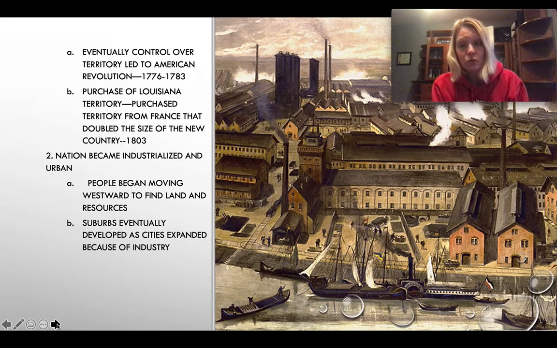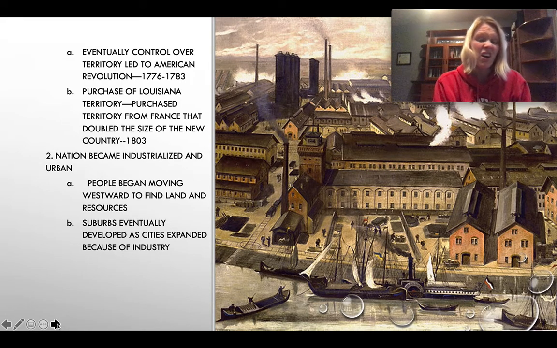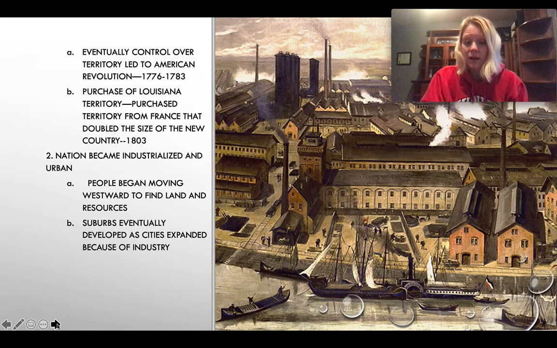Maybe even Moorhead, to an extent, is considered to be a suburb. Things like Harwood and Horace, those are all suburbs of Fargo. But you know what a suburb is when we're talking really, really big cities. And those are expanding because that's where people are living, and then they're going into work in the cities.